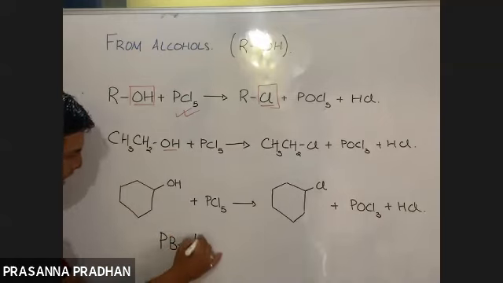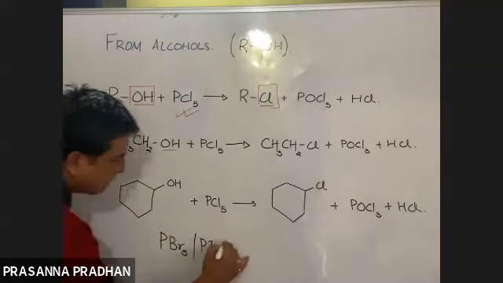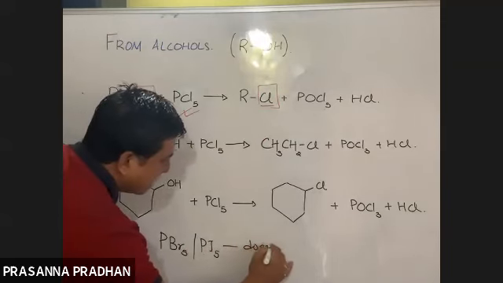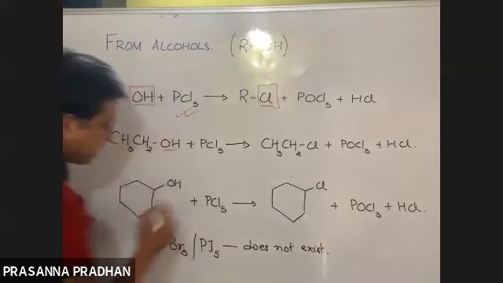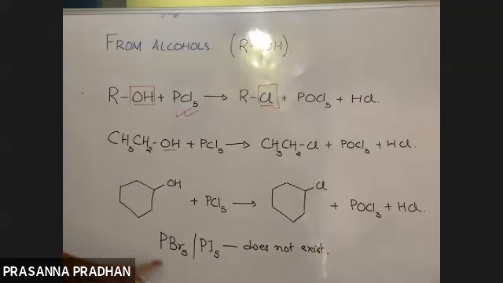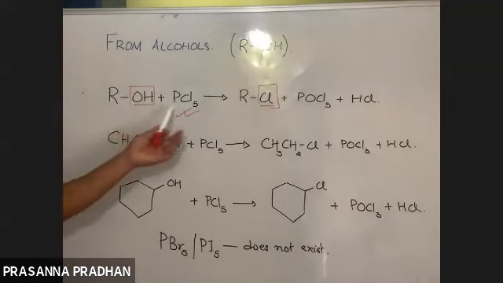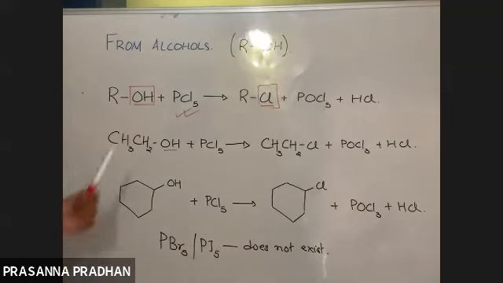But the fact is that PBr5 and PI5, these two compounds are very unstable and do not exist. Phosphorus pentabromide and phosphorus pentaiodide are very unstable and do not exist. So out of the phosphorus pentahalides, only phosphorus pentachloride reacts with alcohol.